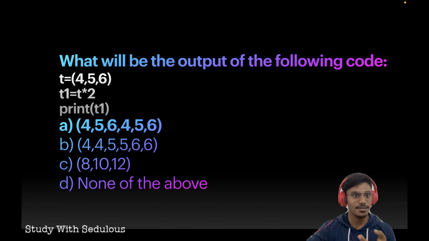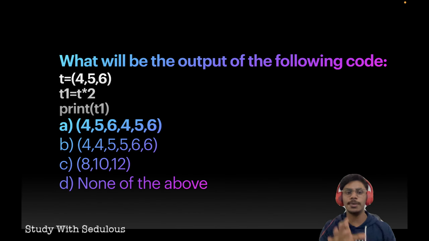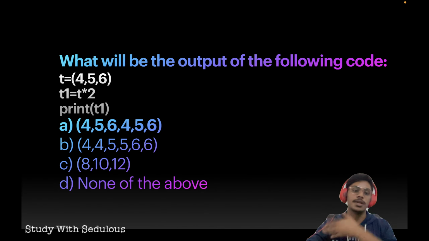To explain this thing, maybe I can explain one more time. T is equal to 456. It's actually simple, bro. Tuple is immutable, so it will be printed twice, 456, 456, and that will be given to a variable called T1, and we'll just print it. That's it.